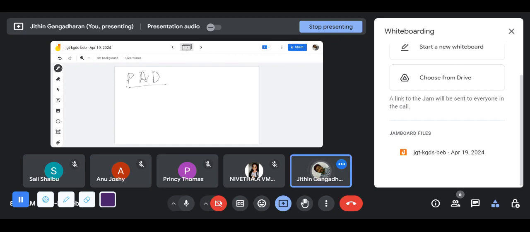Under peripheral vascular diseases, we have peripheral artery diseases as well as peripheral venous diseases. But don't go into such deeper things. Just understand that peripheral vascular diseases include both arteries as well as veins.